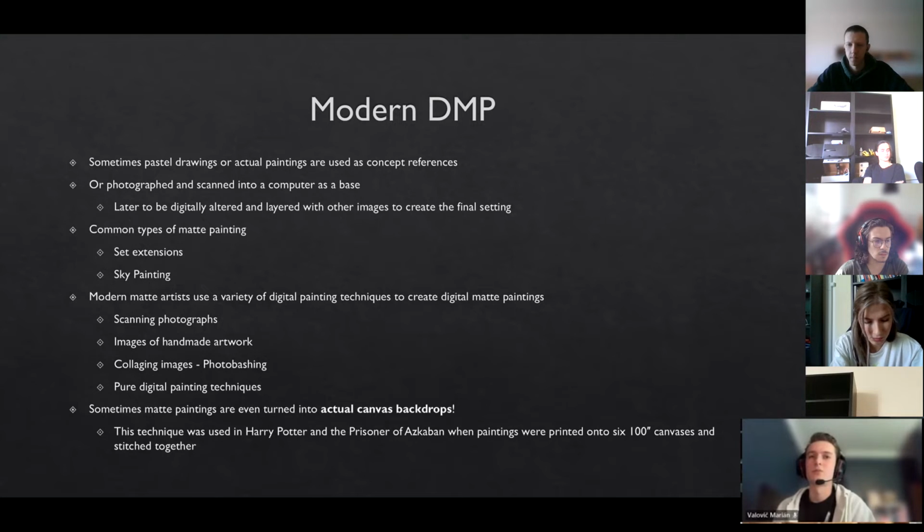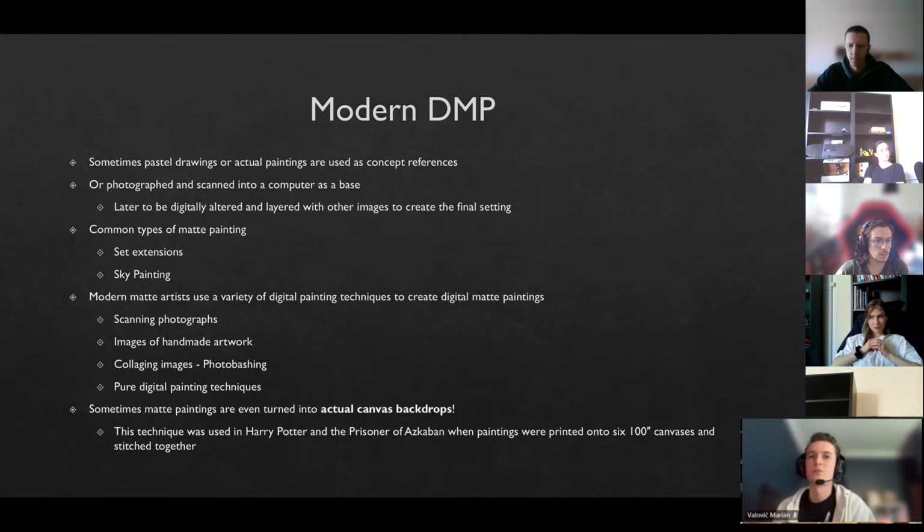Most common types of matte painting are set extensions or painting a new sky to the shot, because most of the time the director doesn't get the weather he wants. So there is a lot of shots that are just created just to replace the sky, and that's the job for matte painters.